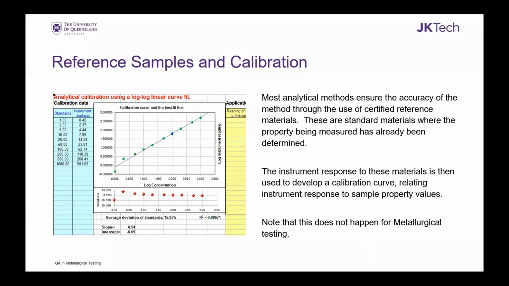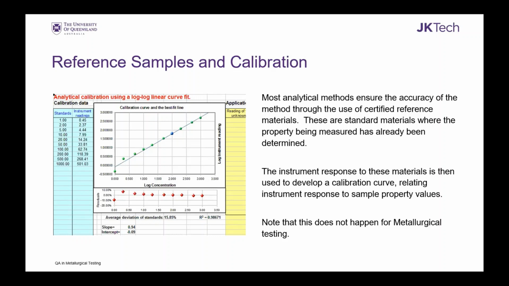And that calibration uses a certified reference sample, a sample where the properties have been very well characterized and known. Using a known sample, you can relate that to the instrument response that you get, and that gives you a calibration curve.